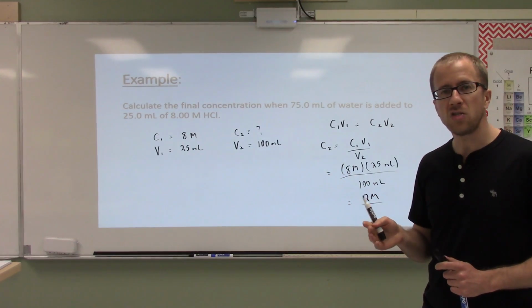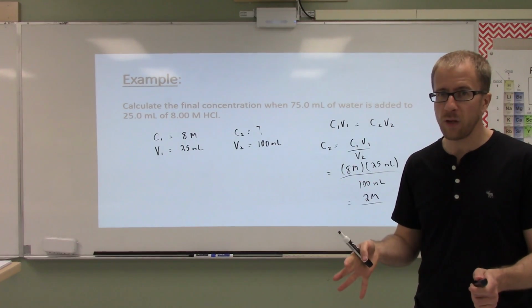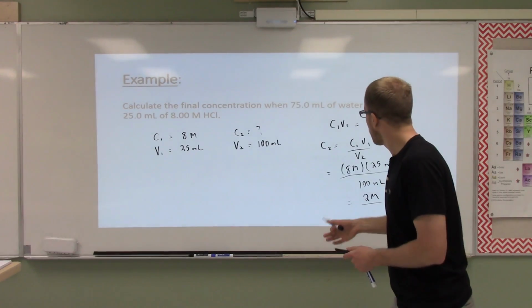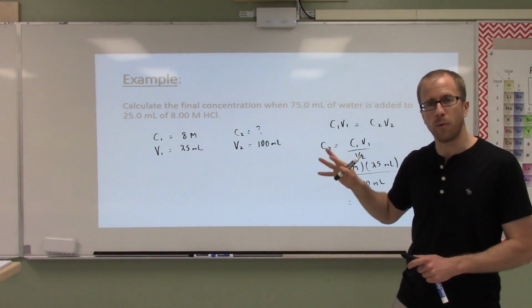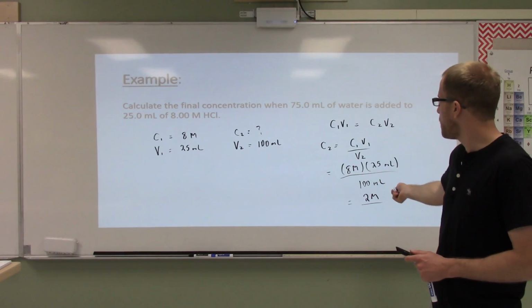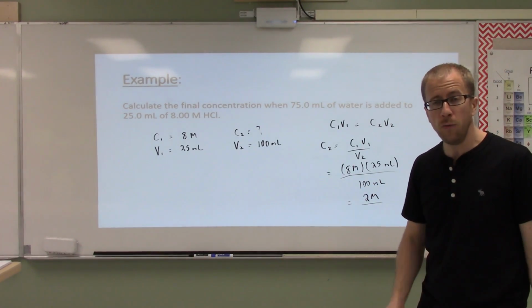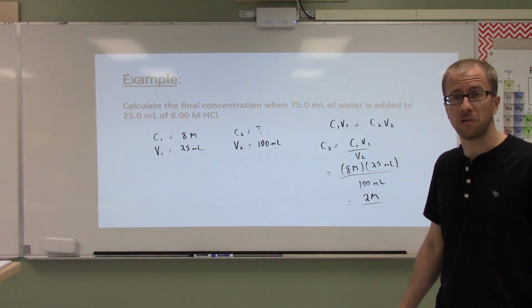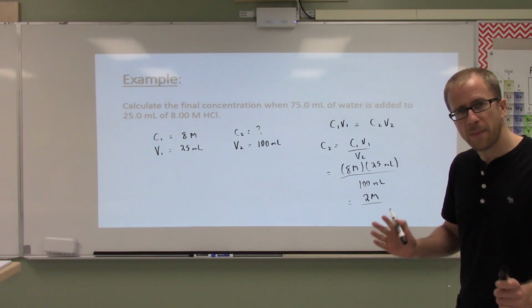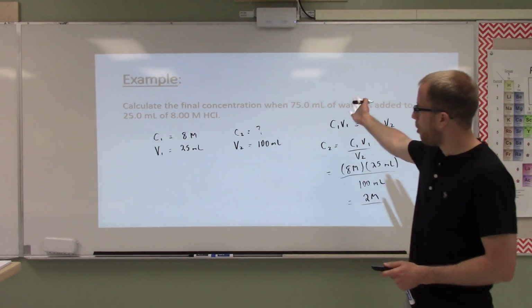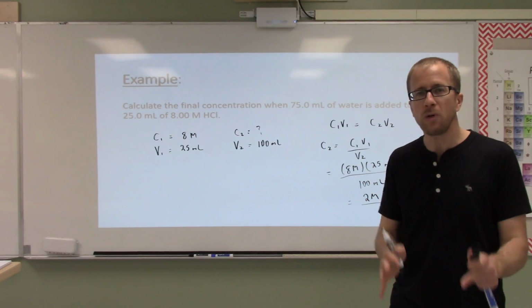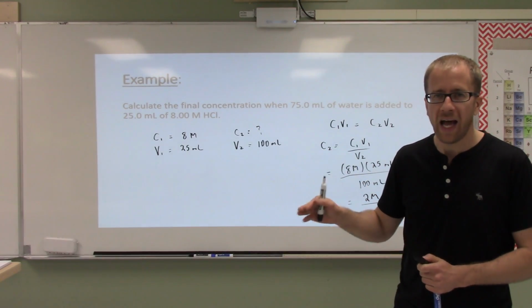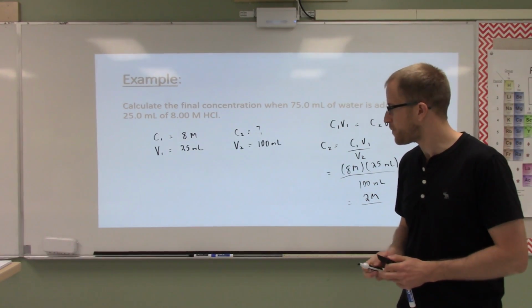All too often, students suffer from formula fixation, where they plug it in and solve and mix up one of their variables, and then they'll all of a sudden tell me they have 32 molar as their final concentration. Well, think about that for a second. We added water. How could your concentration have gone up? So really critically assess those numbers as you go through the problem.